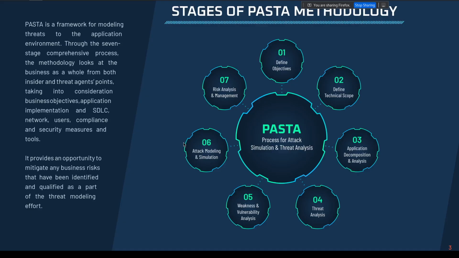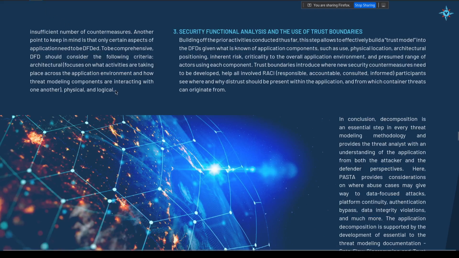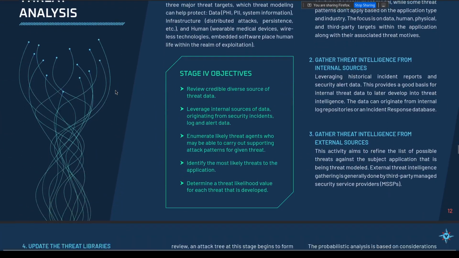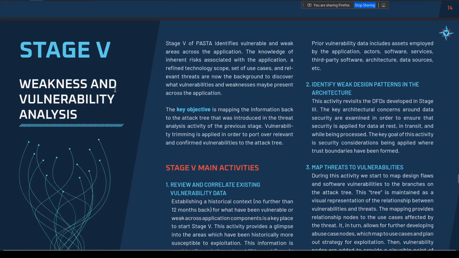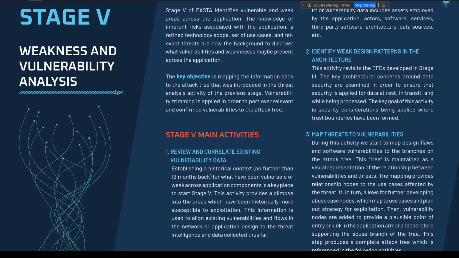And then the fifth stage is called weakness and vulnerability analysis. Here you will try to identify the vulnerabilities that correspond to each and every threat category that we identified. So it also has various phases. The first phase is to review and correlate existing vulnerability data.